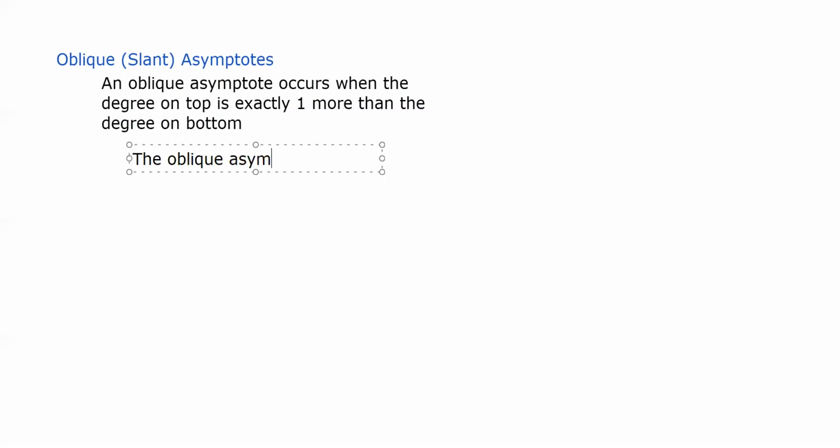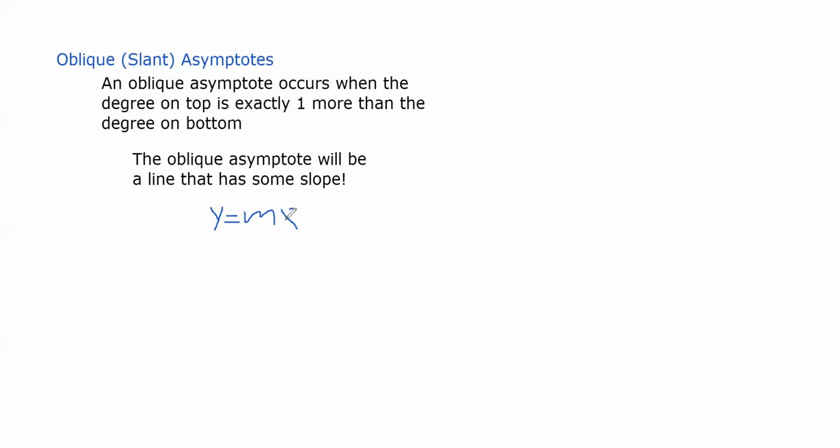The oblique asymptote will be a line that has some slope to it. In other words, when we were doing horizontal asymptotes, we were writing y equals just some number. Y equals -14/9. Y equals 0. Here, you're going to have an asymptote in the form y equals mx plus b. Good old-fashioned y equals mx plus b. And it's going to be exactly what it sounds like.